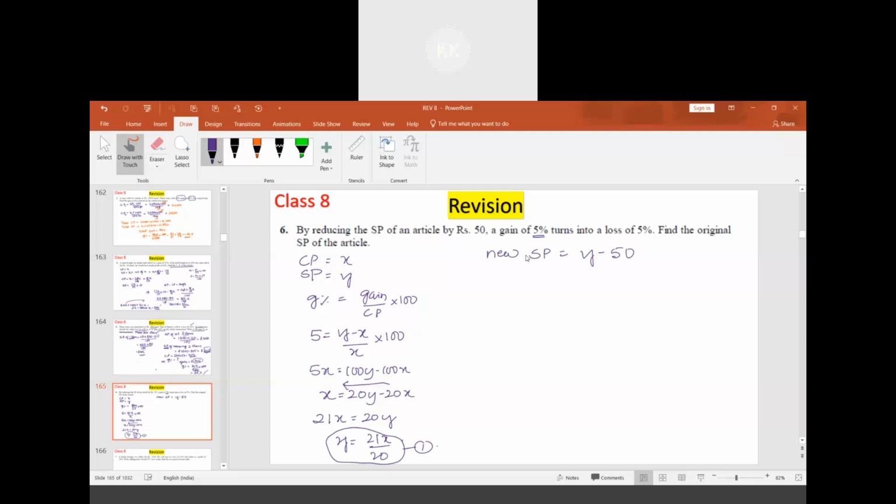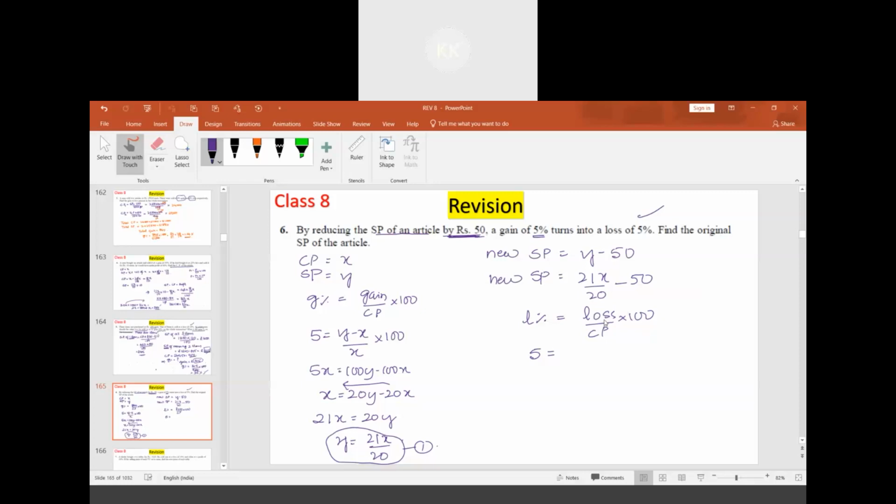So 50 should be subtracted from y, and we get the new selling price. So the new selling price will be equal to 21x divided by 20 minus 50. Is it okay? Yes, sir.